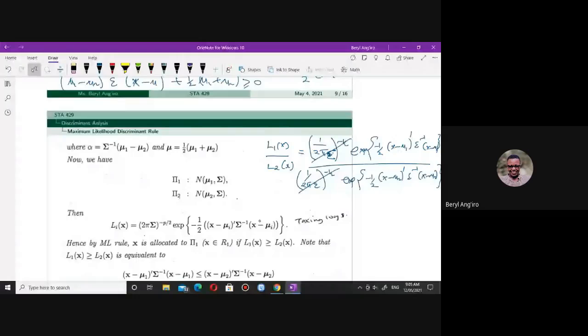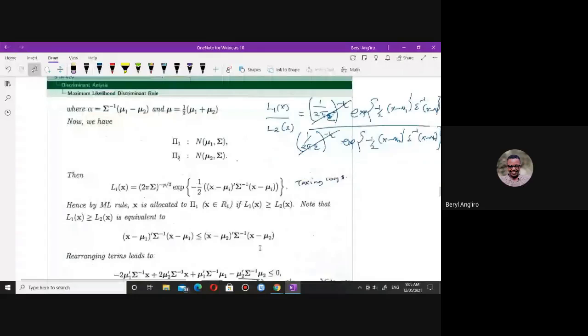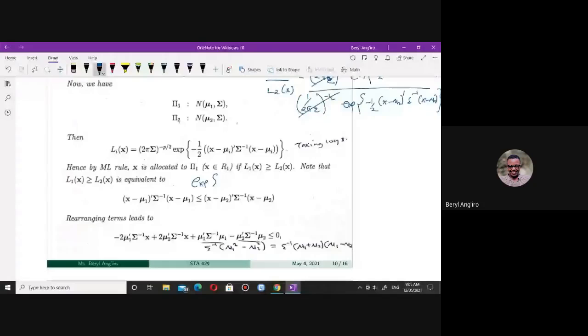Then we remain with exponential negative a half, for the numerator, (x minus mu1) transpose sigma inverse (x minus mu1), and this is greater or equal to exponential, for the denominator, minus a half (x minus mu2) transpose sigma inverse (x minus mu2).